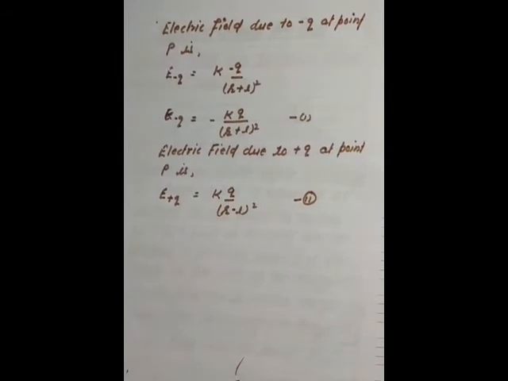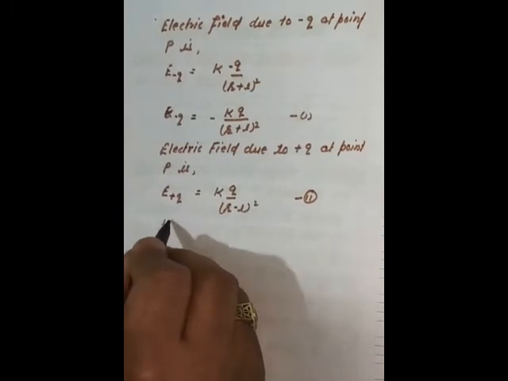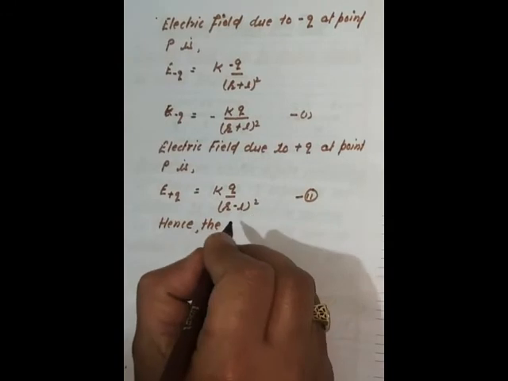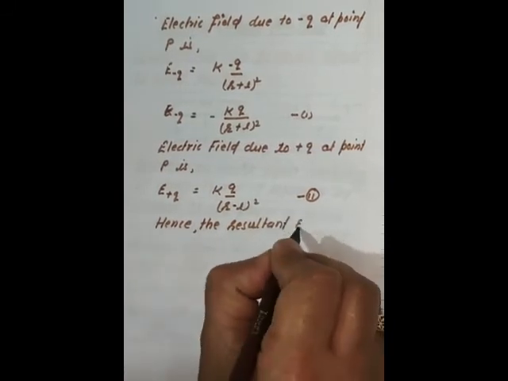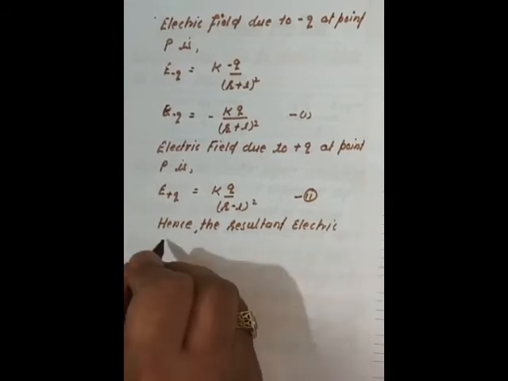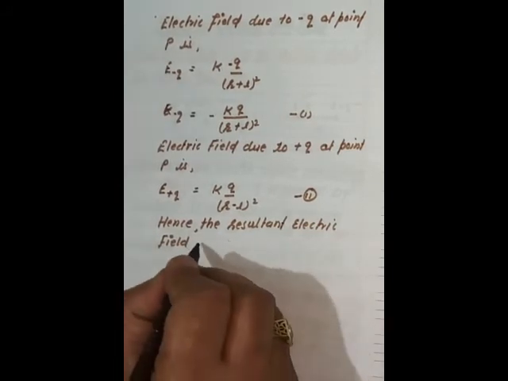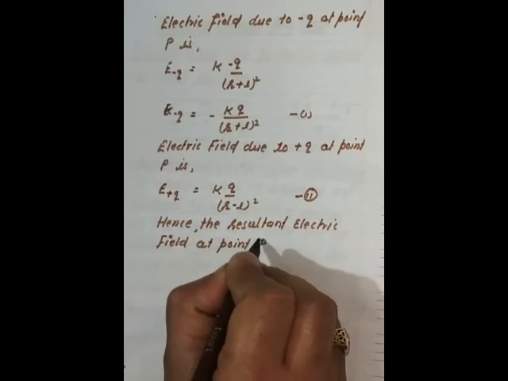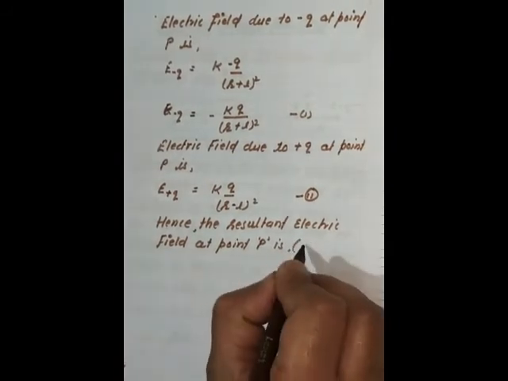Then the net electric field working on point P. So here you can write, hence the resultant electric field at point P is, or you can write in short form net electric field.